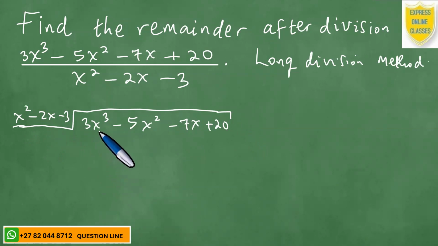So we divide 3x cubed by x squared, it gives us exactly a 3x. X squared times 3x gives us 3x cubed. Minus 2x times 3x gives us minus 6x squared. Minus 3 and 3x gives us minus 9x.